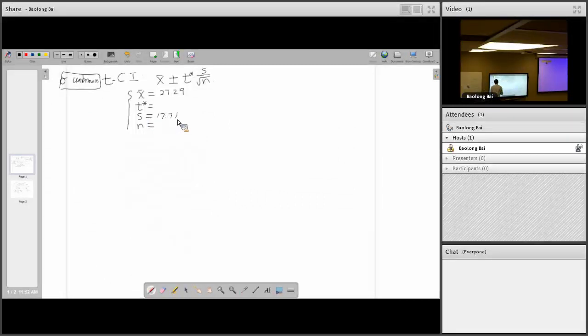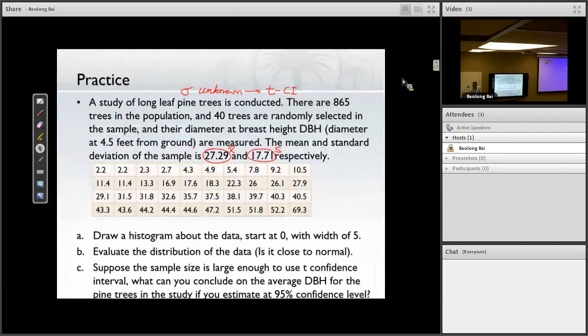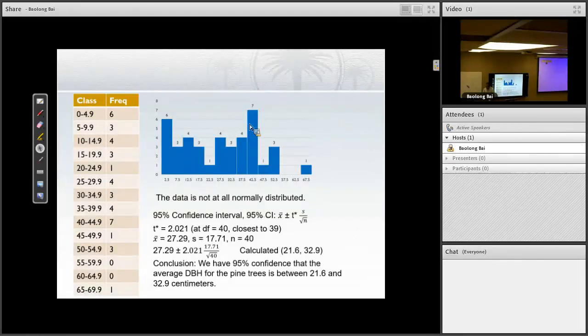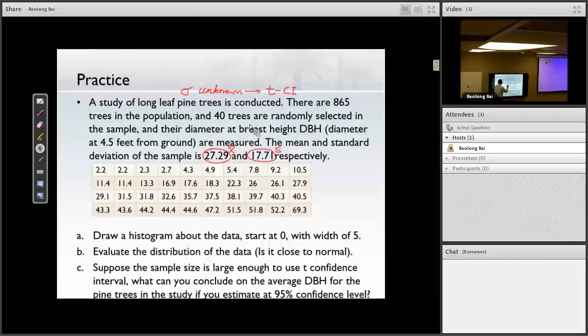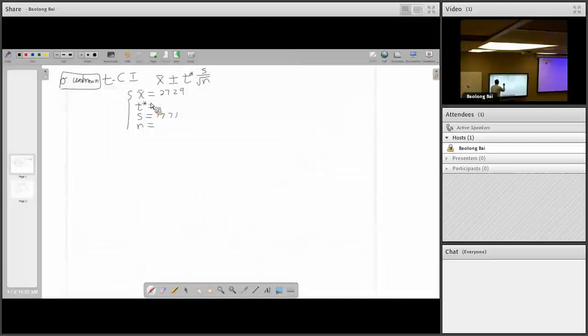Then n is the sample size. If you look at the problem, what is the sample size? We have 40 trees as our sample, so the sample size will be 40, right? So this is our n.